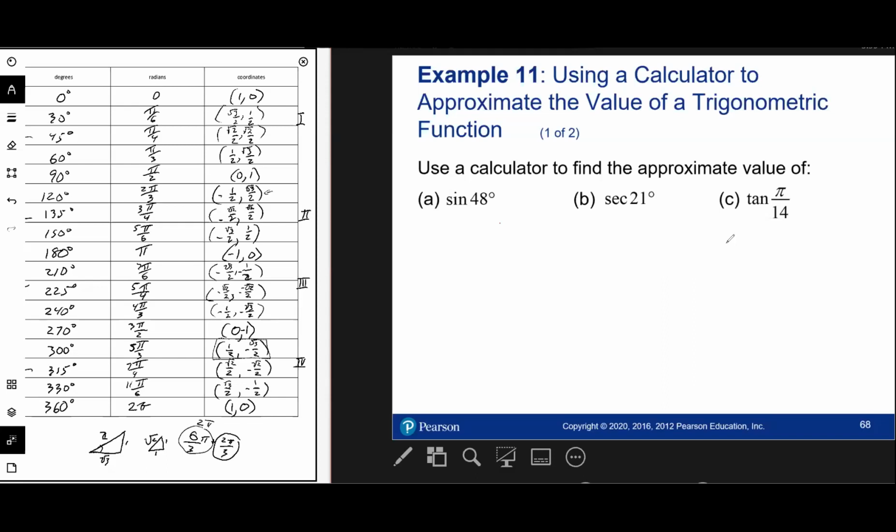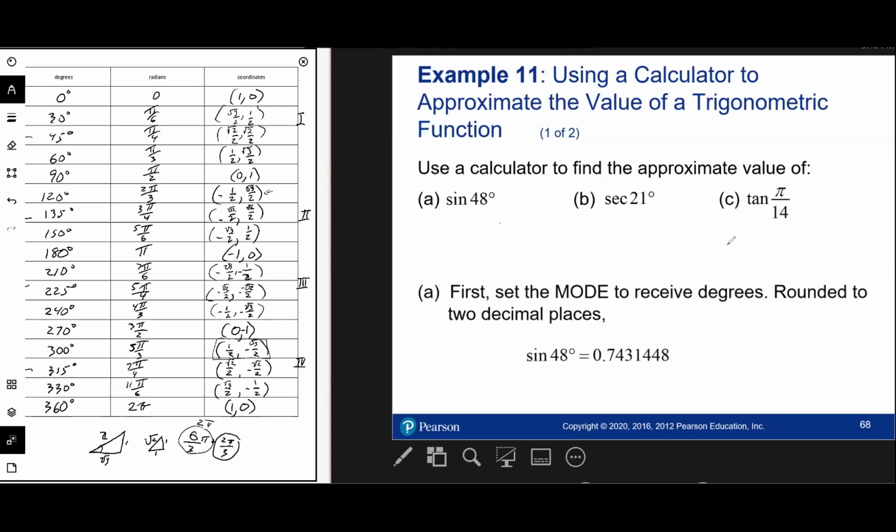Okay. Hopefully the scientific calculator you have has the symbol pi, so you can do that without using 3.1416. Okay. Set the mode to receive degrees, and then round to 2 decimal places.